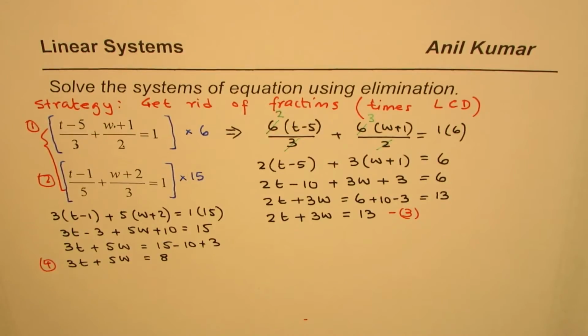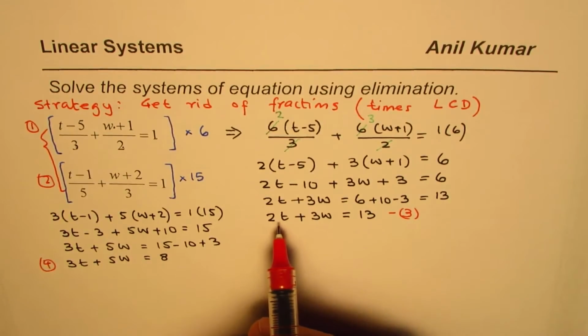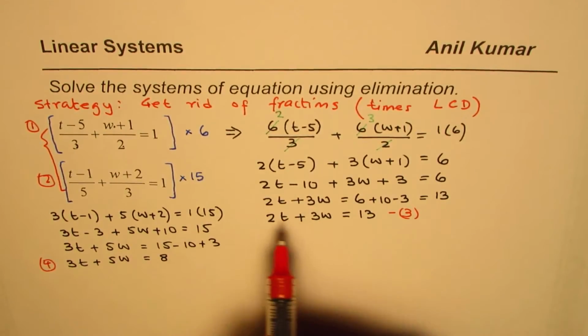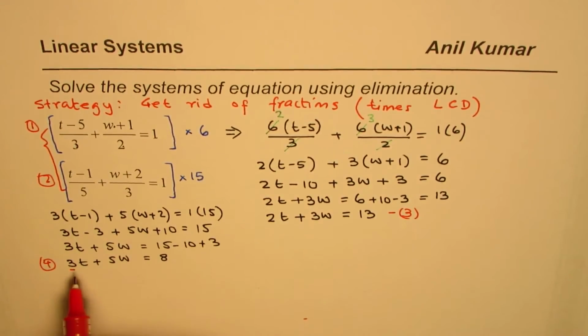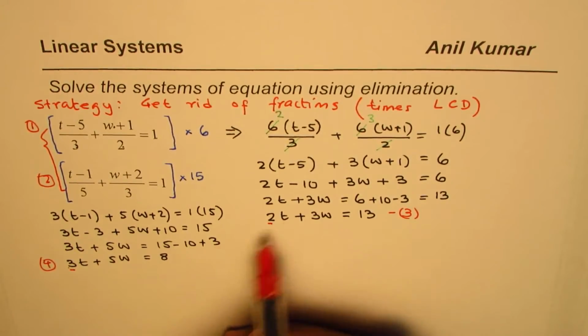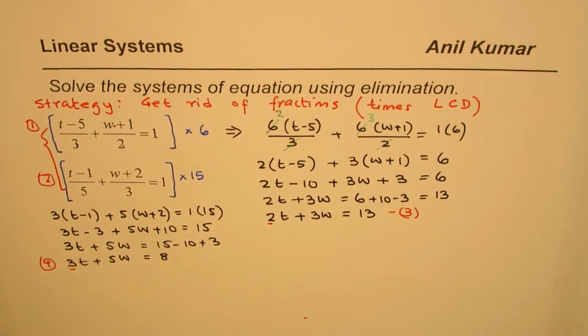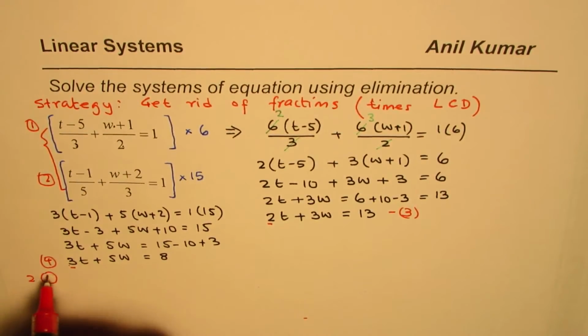Now what should we do for elimination? We have to have the same coefficients, correct? So we can make the coefficients of t the same. In that case, let us multiply this equation by 3 and this equation by 2 to eliminate t, okay? So next step, we'll do 2 times equation 4.